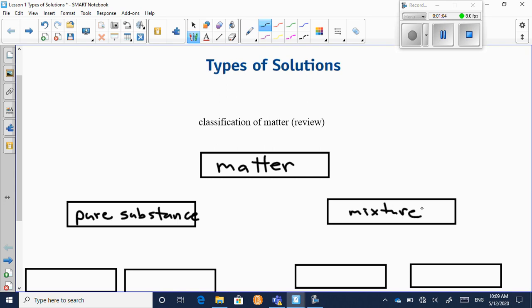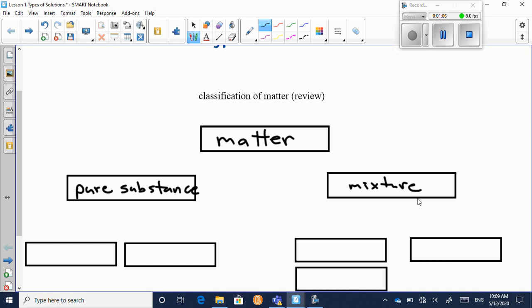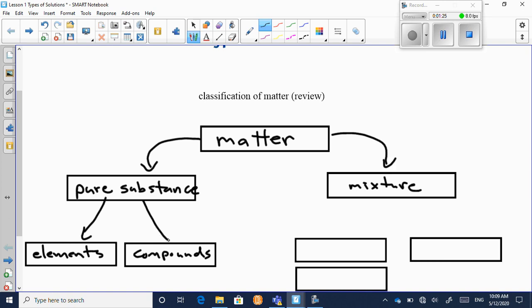Okay, and within the pure substance, we subclassified matter, or we had two categories. The two categories were pure elements and compounds.